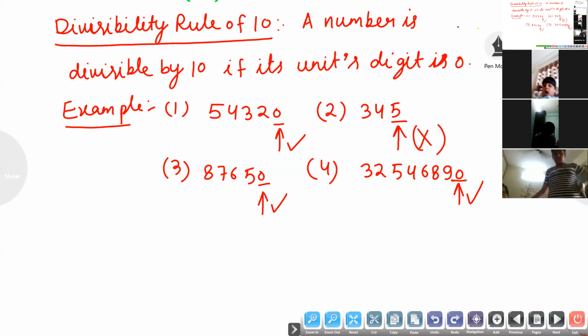Next, divisibility rule of 10 completed.